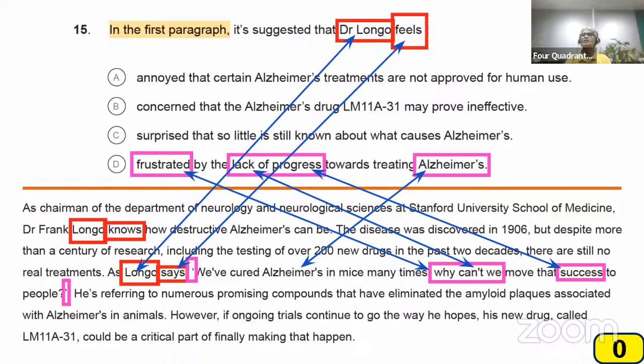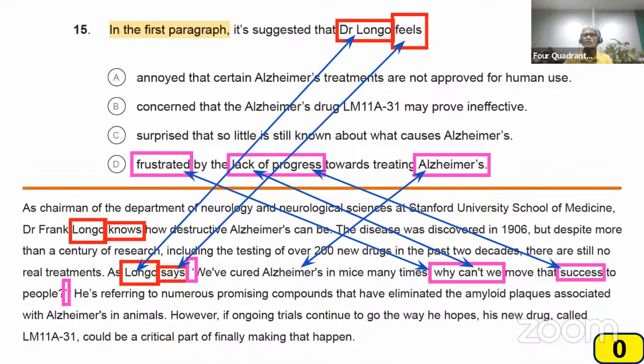In our own words, you can know the frustration. Frustration is a feeling. It can be either through facial expression or it can be verbal expression. If you are silent, then you can see the facial expression. If you cannot see the facial expression, you can see the verbal expression. Verbal expression, words are there in the quotes, inverted comma. As Longo says, we have cured Alzheimer's in mice many times.